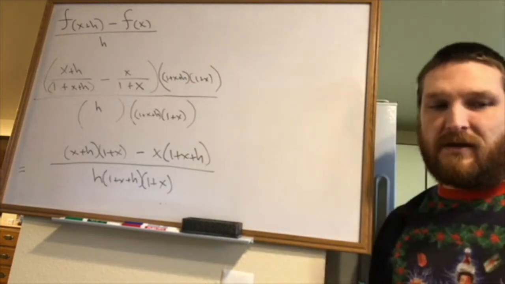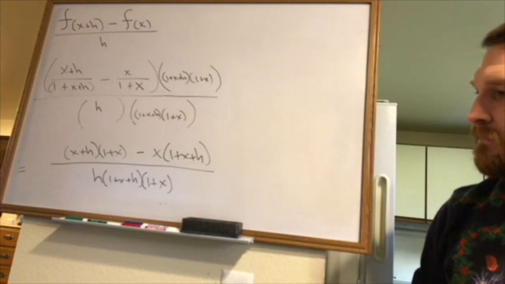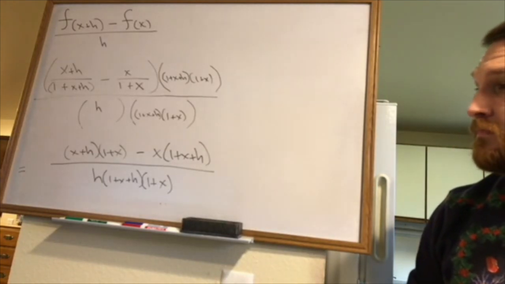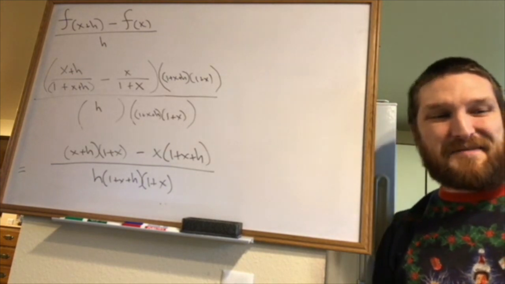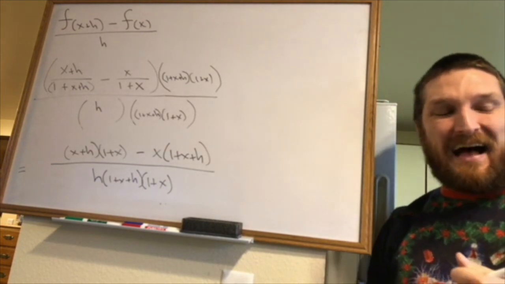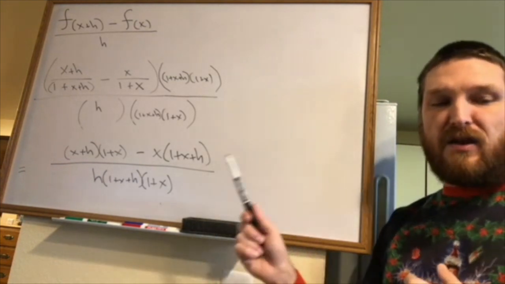Where do we go from here? Would you simplify everything, I guess? Yeah, or complicate it, depending on how you want to think about it. What I'm going to do is multiply out that numerator.